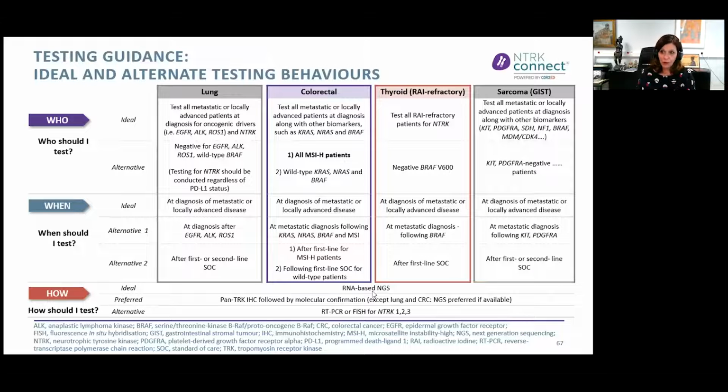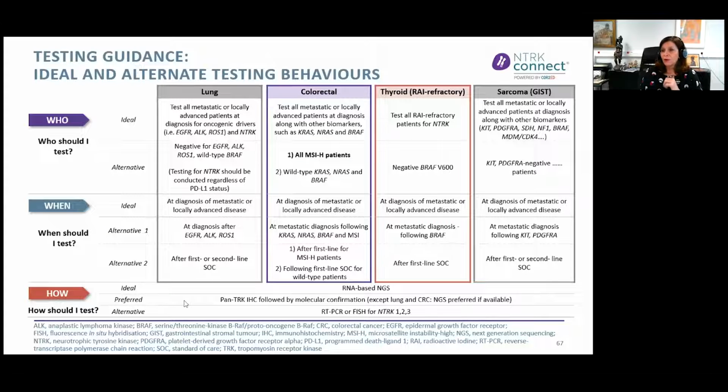Or the alternative will be to screen the tumors that are negative for the major driver and look for the fusion or for NTRK fusion specifically, regardless of PD-L1 status. For colorectal cancer, ideally, it will be to do an all-in-one test, but it could also be restricted to at least all the MSI-high patients, or to the patients that are wild type for KRAS, NRAS, and BRAF.